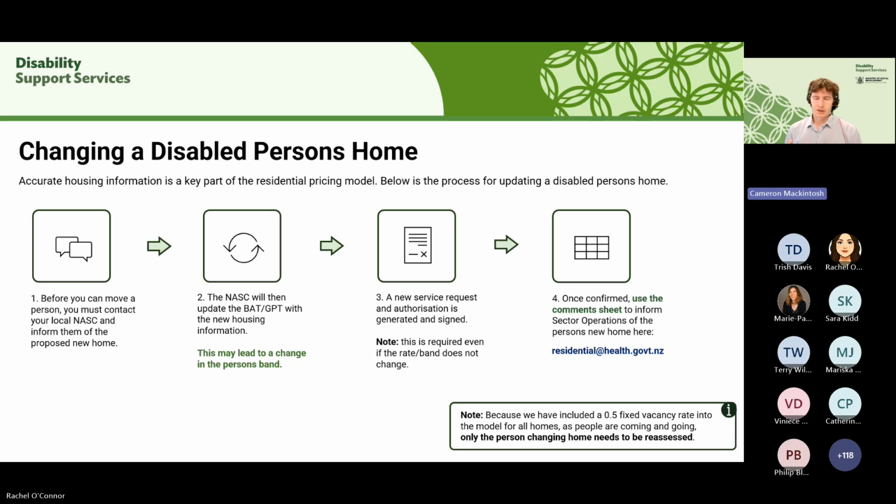And then this last part, which is very critical, in that comment sheet, you'll need to inform sector ops of the change that's occurred at the residential@health.government.nz email address. So the two main things here is when you want to move someone, reaching out to your NASC, and once that process is confirmed, informing sector ops on the comments sheet. So what does that look like, you ask?